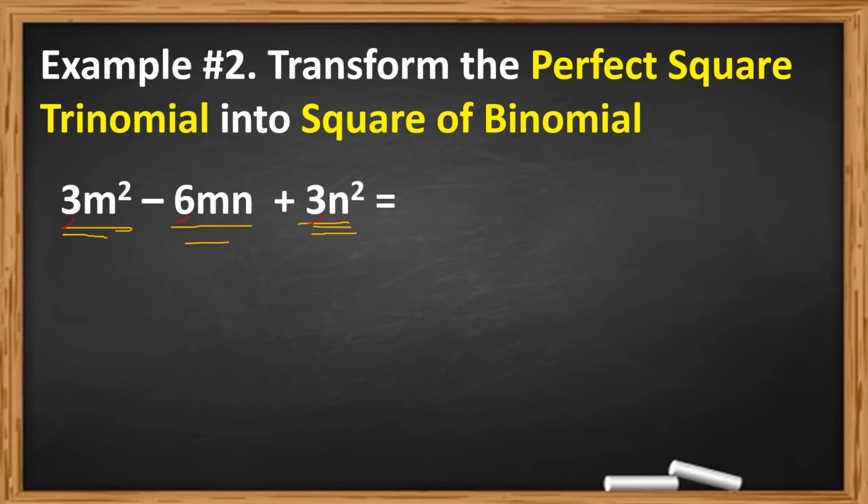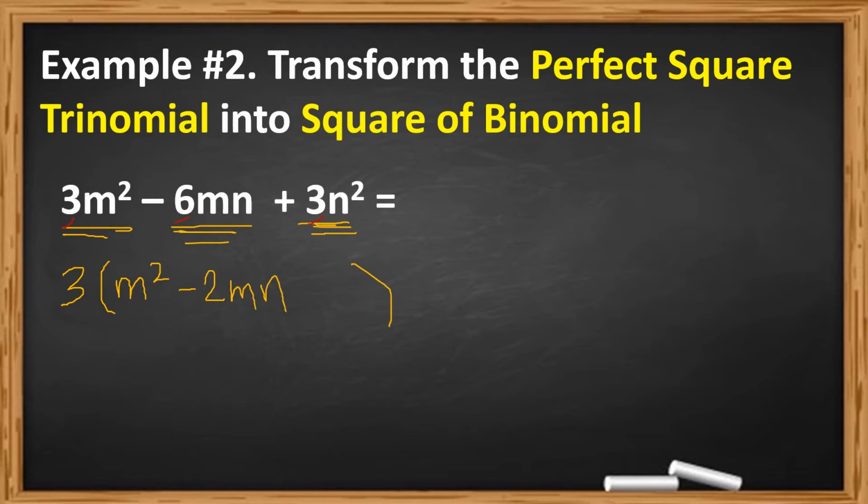So we have to factor out 3, and let us see if the remaining factor is a perfect square trinomial. If we factor out 3 from 3m squared, the remaining factor becomes m squared. From 6mn, the remaining factor becomes 2mn.